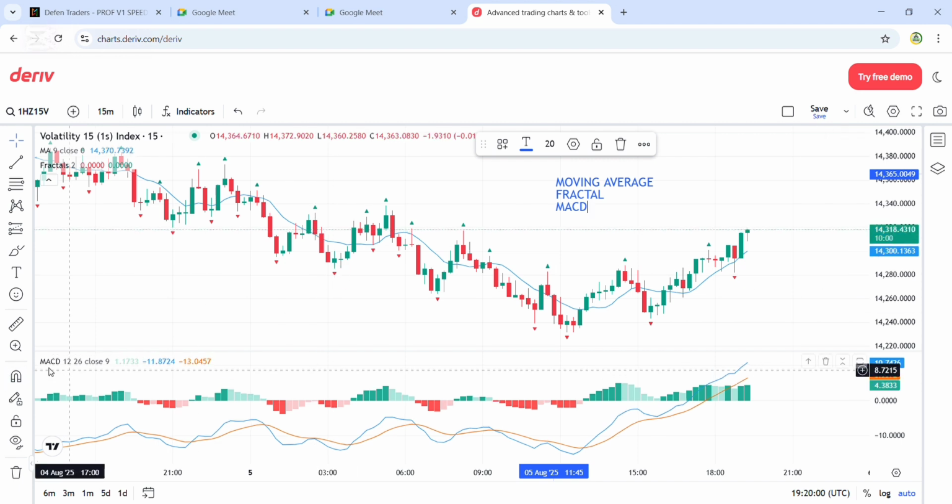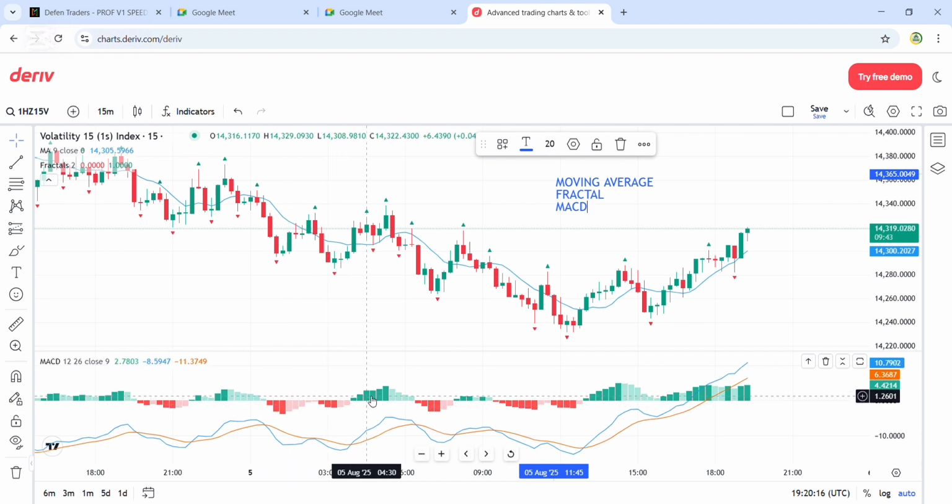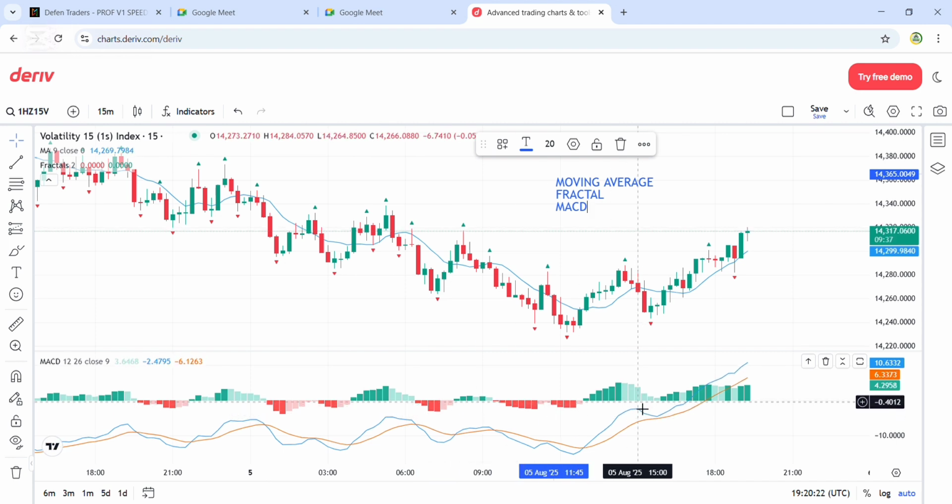Then we have the MACD. MACD, I talked about it in my previous video, whereby I said that it has this aspect, the blue line, the orange line, the red and the green strong candles, or the faded red and the faded green candles. Okay, remember the rule still remains. We do not trade on the faded candles.